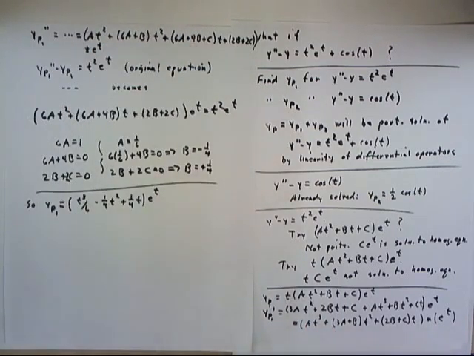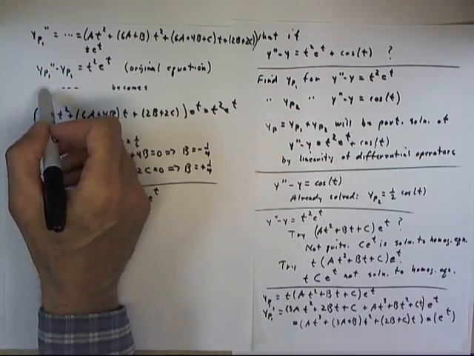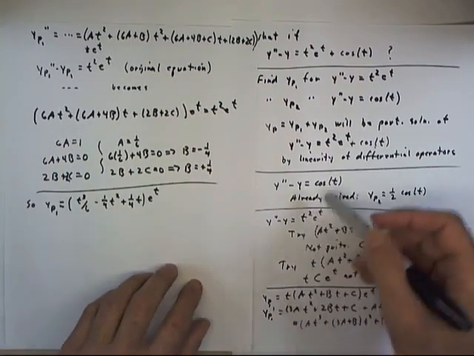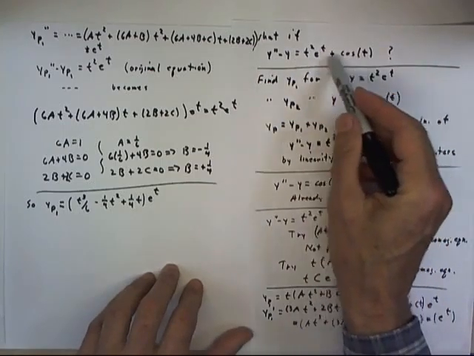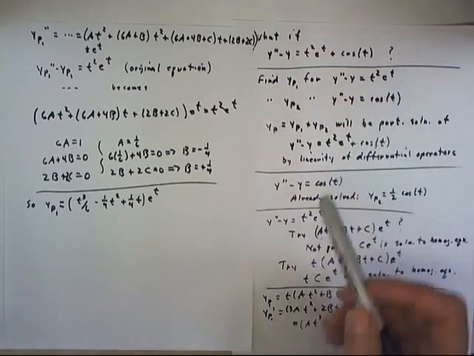Now, if we plug yp, which we call yp1, and yp1 double prime into the original equation, we're going to get yp1 double prime minus yp1, and that should equal t squared e to the t, which is our original equation. I guess we're coming back and calling this for the moment the original equation.